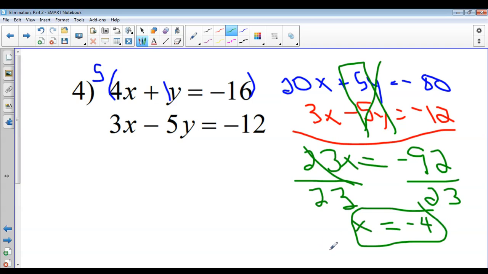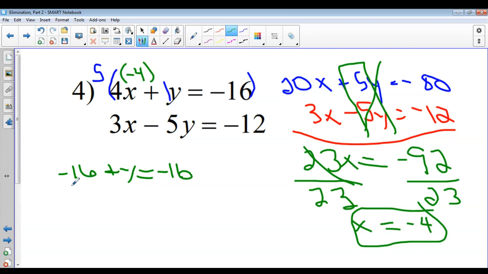And now we're going to choose where we plug it in to find the answer. I think we're going to go for the top one this time. So I'm going to plug it in right there. Okay. So I'm going to go 4 times negative 4 is negative 16 plus y is negative 16. This one you should be able to figure out right now, right?